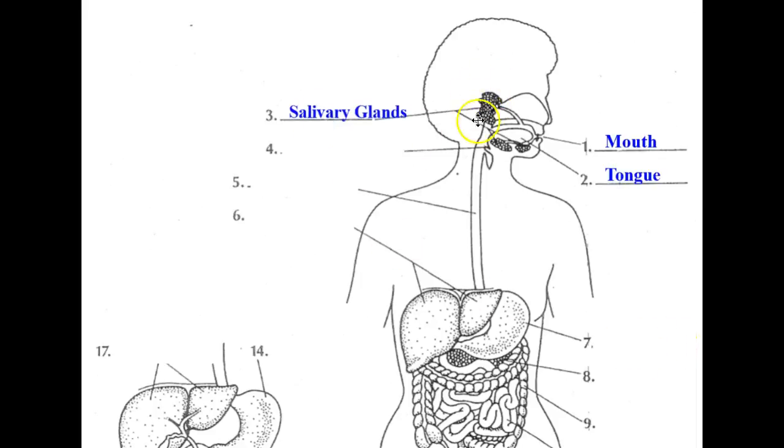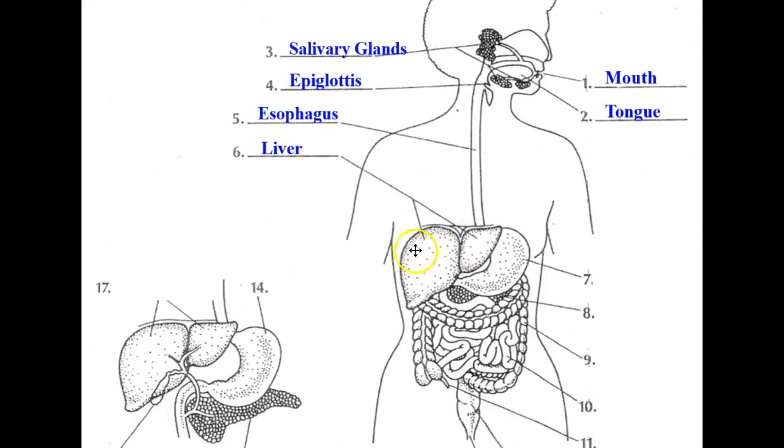Number three is the salivary glands, which add saliva to our food. Saliva also has an enzyme in it that helps start to digest starch. The epiglottis, which is a structure that blocks the airway while we swallow. Esophagus, the tube that goes down to our stomach.